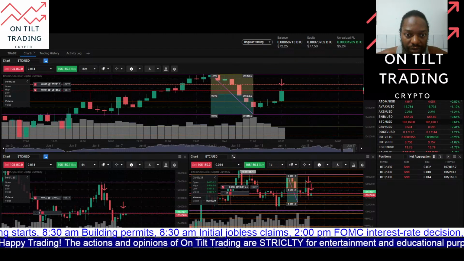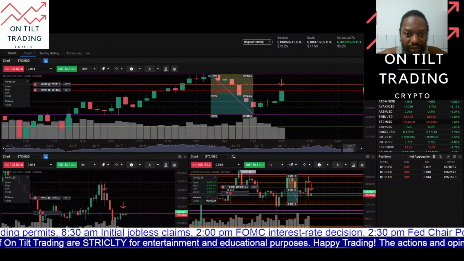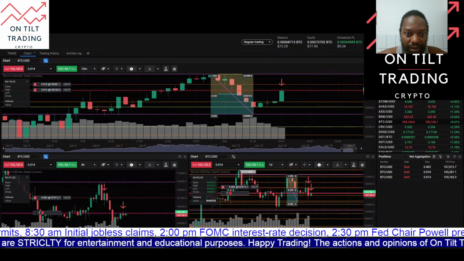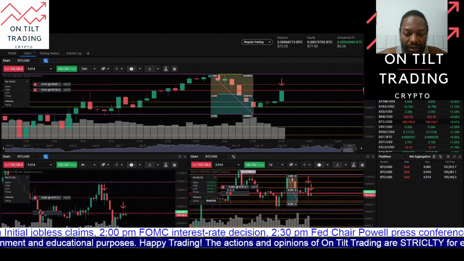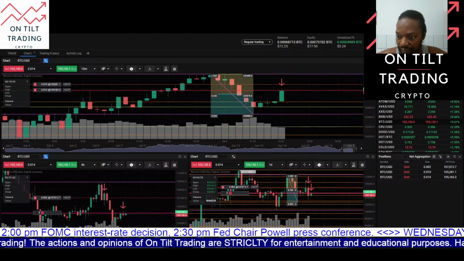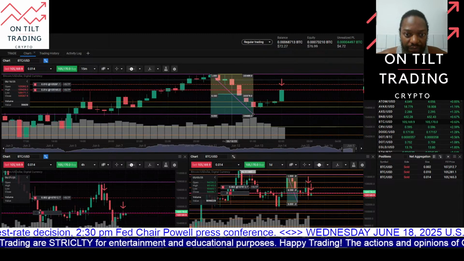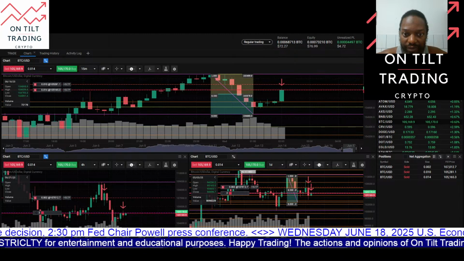But this could be a larger time frame order block right here. And it may have just tapped into it. But I am not certain. I am not certain of this.